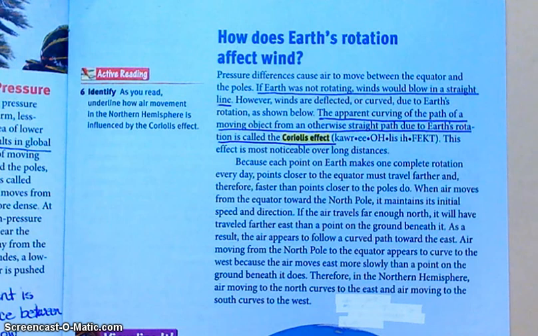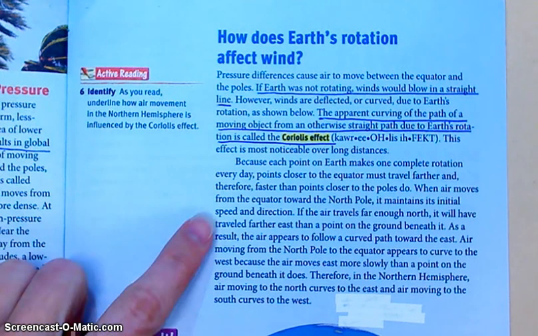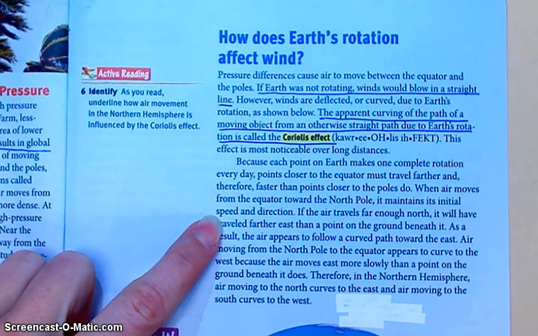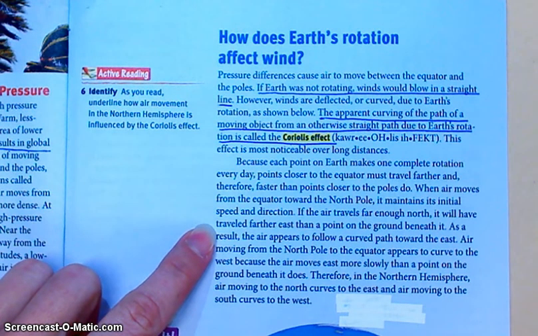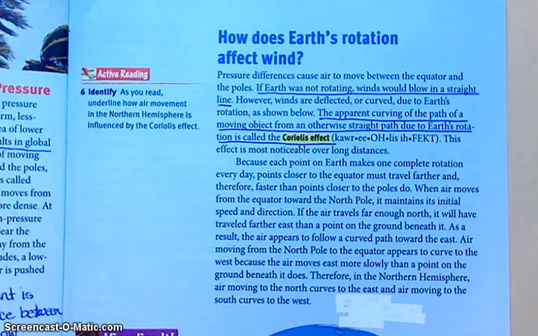When air moves from the equator towards the North Pole, it's going to maintain its initial fast speed and direction that it got from the equator. If it travels far enough, it will have traveled further than the point on the ground underneath it. That's part of the reason why we get these curved paths due to the Coriolis effect.